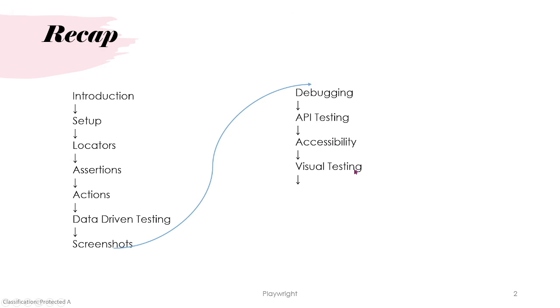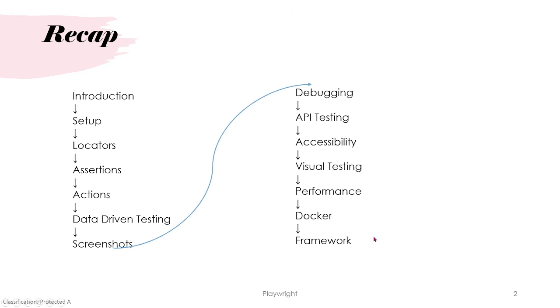Visual testing uses screenshots to do visual screenshot tests. Performance. Playwright can do performance tests for web elements and web pages. Docker. Playwright tests can run in Docker.